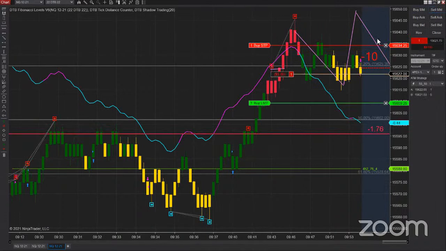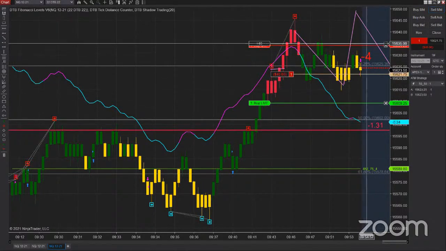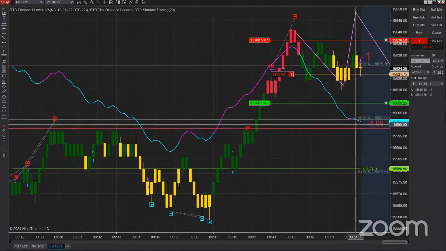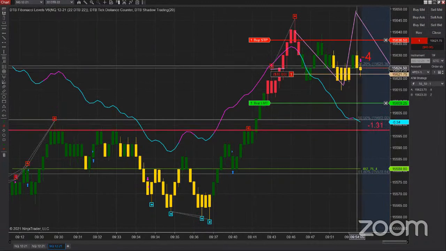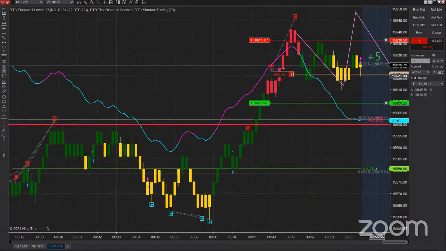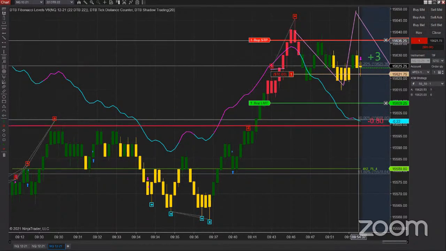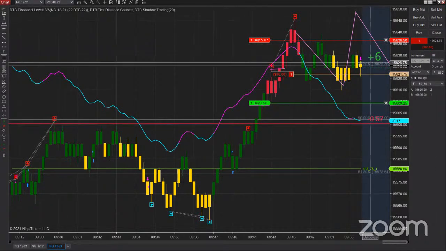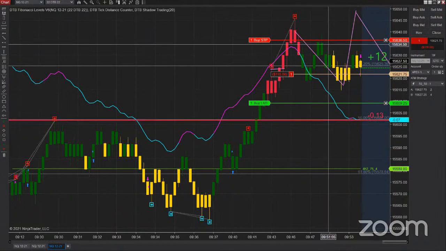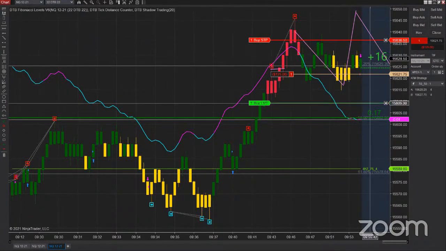Okay, so at this point, we've got a lot more gold bars. You can see there's more gold bars than green bars at the moment. So this to me is telling me that the chance of this price coming down is a lot higher than it going up at this very moment. So this is where you can put a little bit of a buffer between where the price is now and the point where the green bars were basically forming.